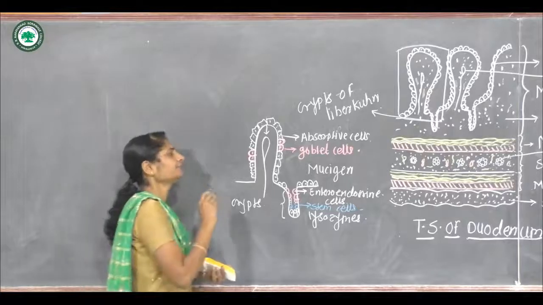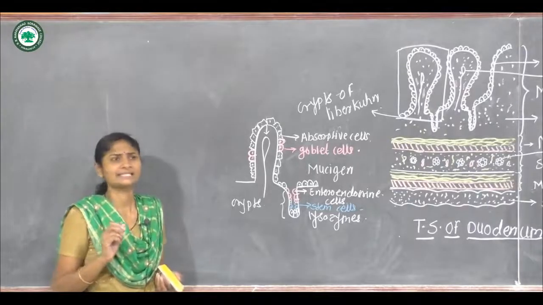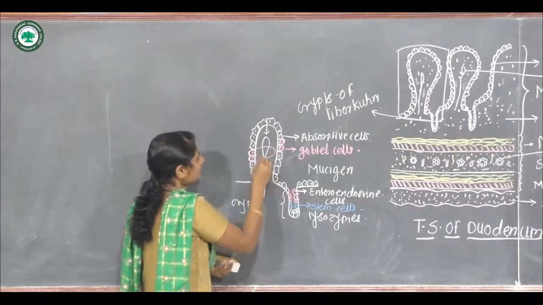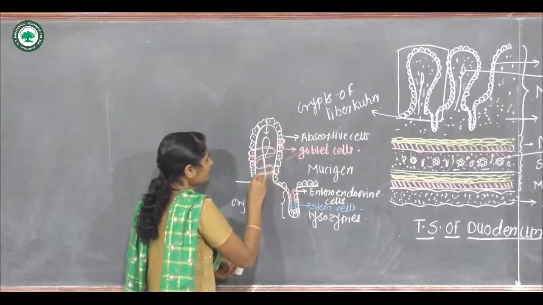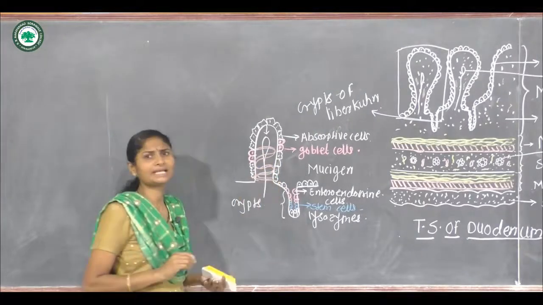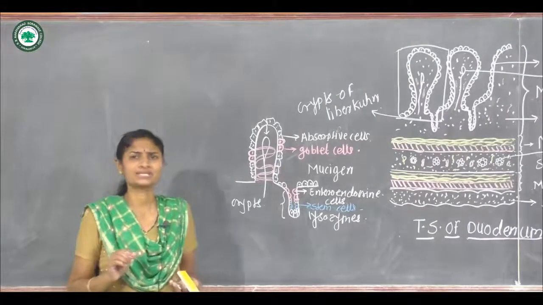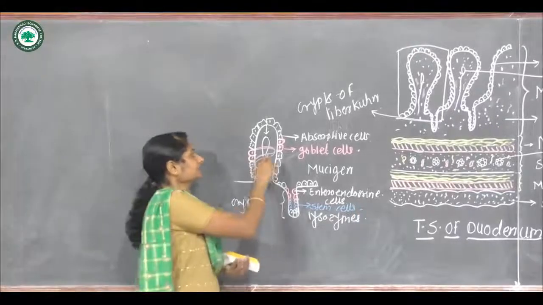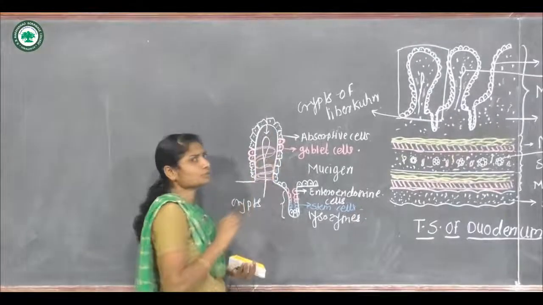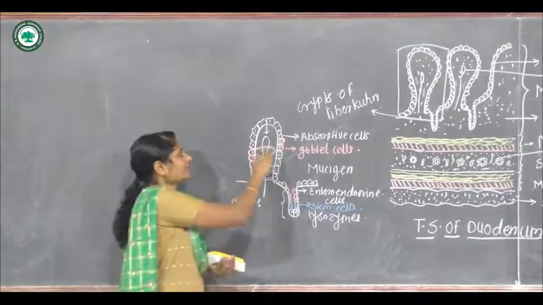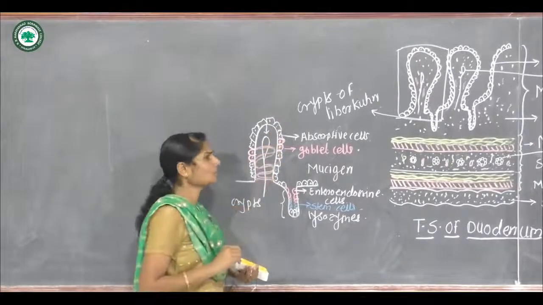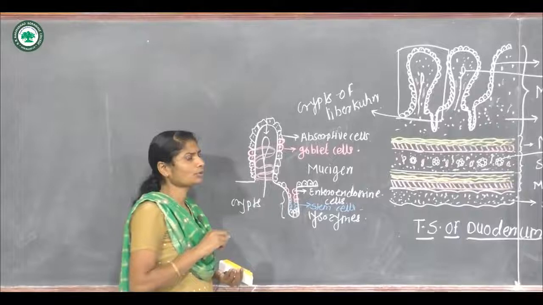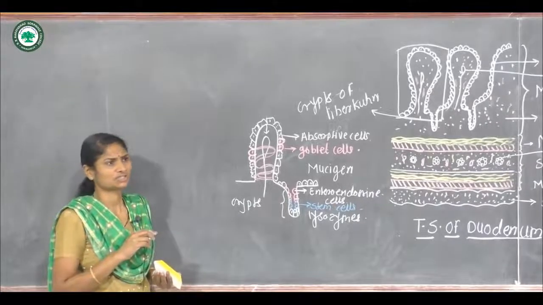Next, these villi also supply blood capillaries, and these blood capillaries absorb nutrients from the food material. These are the details about the villus structure.